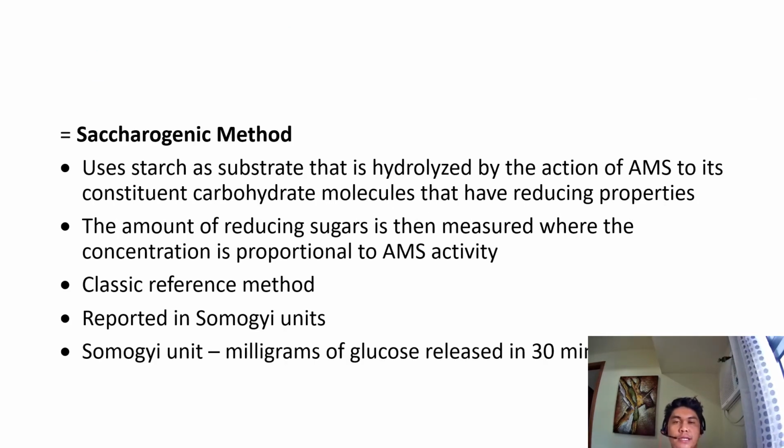The next method is the Saccharogenic method. It uses starch as substrate that is hydrolyzed by the action of amylase to its constituent carbohydrate molecules that have reducing properties. So for the Saccharogenic method, we're going to measure the amount of reducing sugars produced from the activity of amylase, or reducing sugars converted from the starch being used as substrate. Okay, so the same with the amyloclastic method, we're using starch, but it is not complexed to iodine.